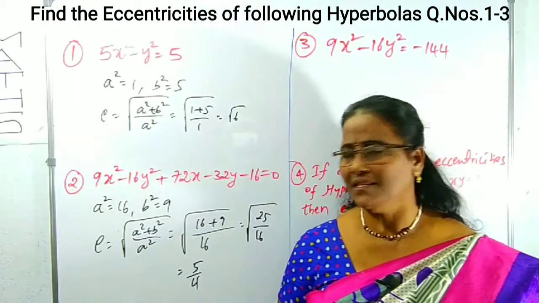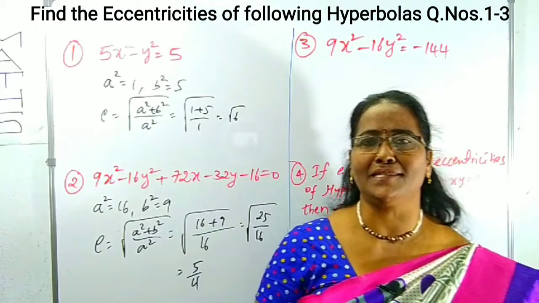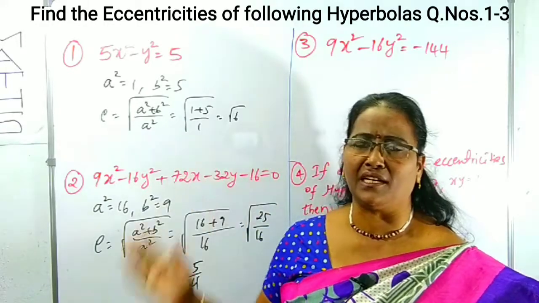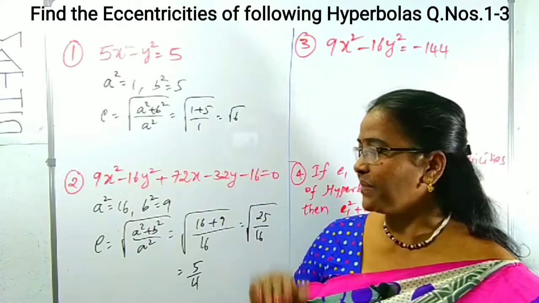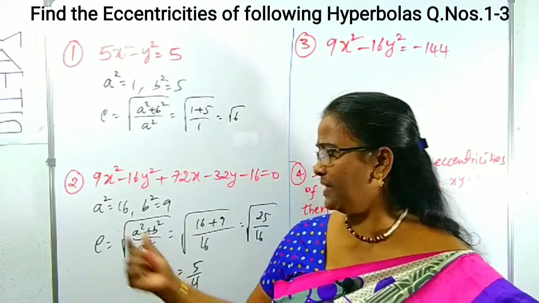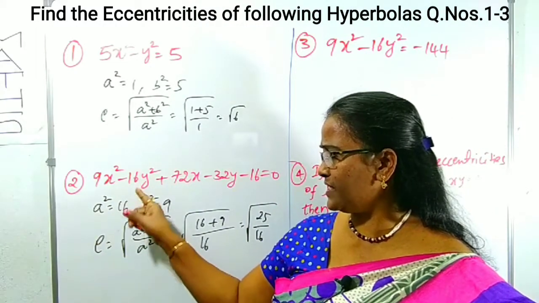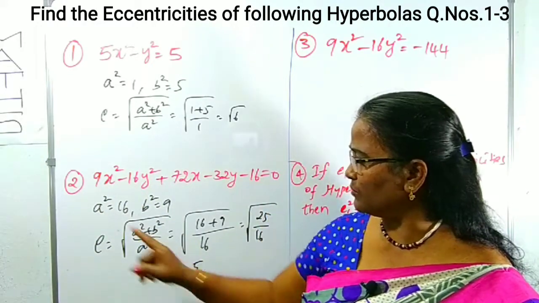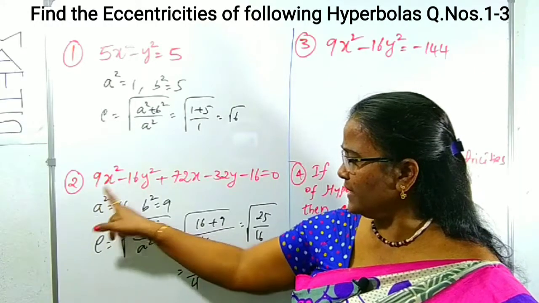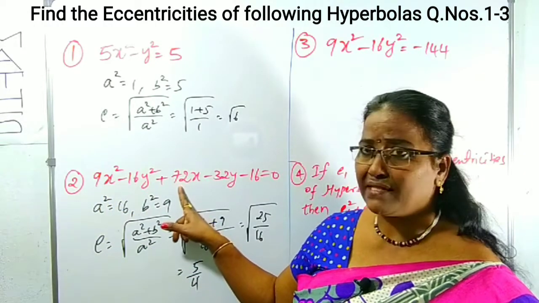Is it clear? It's very simple, but you have to concentrate on two major steps. Those steps I explained to you, right? So this is one case. In this case, you have to take one more care. Directly taking a square equal to 16 and b square equal to 9, we can interchange these two. You have to consider one more thing. The x square quotient is 9, the x quotient is 72.